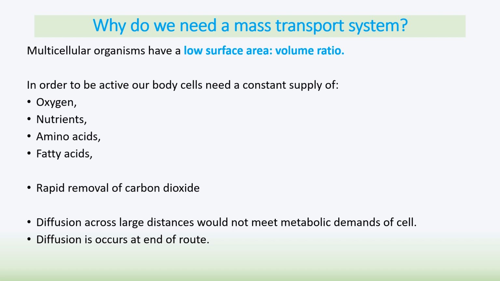We need oxygen, nutrients, amino acids and fatty acids delivered to all our cells, and the rapid removal of waste such as carbon dioxide. Diffusion would be across too large a distance, so it would not meet all the demands of the cells, and it would take a long time for it to happen.